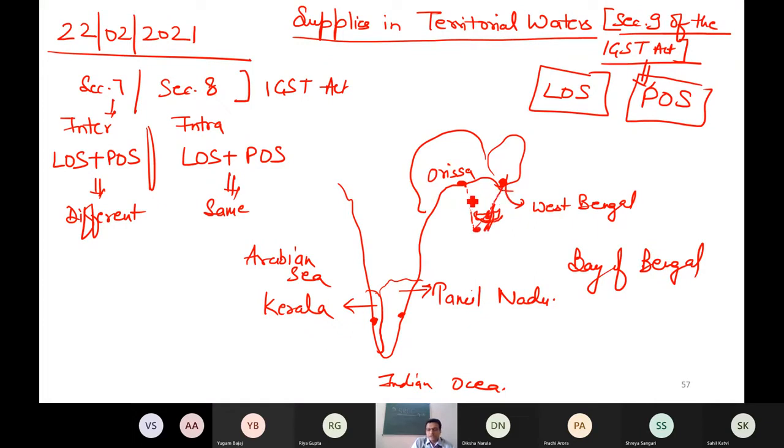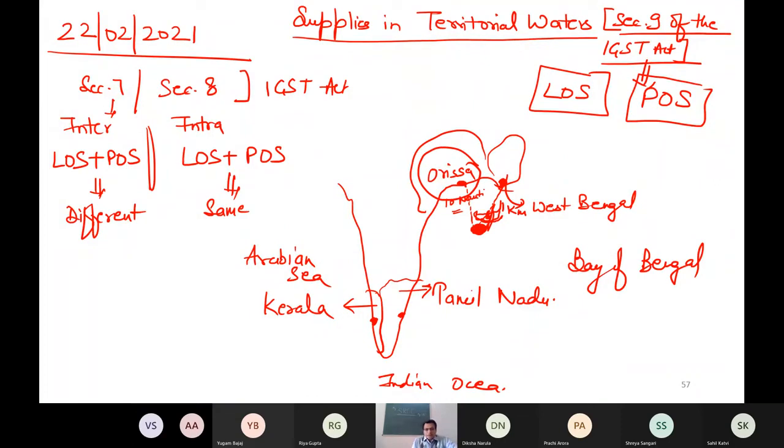For example, this distance is 10 nautical miles and this distance is 11 nautical miles. Which is nearer? This 10 nautical miles. So Odisha becomes the location of supplier if you need location of supplier. If you want to check place of supply, then again Odisha becomes the place of supply.